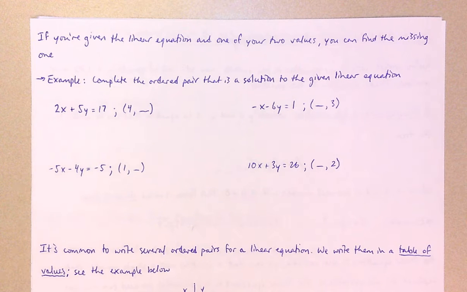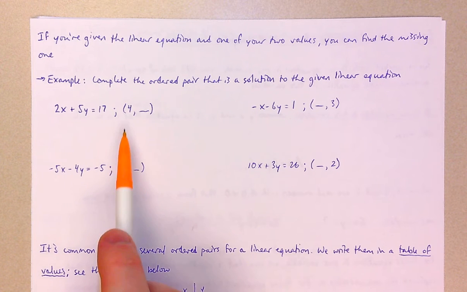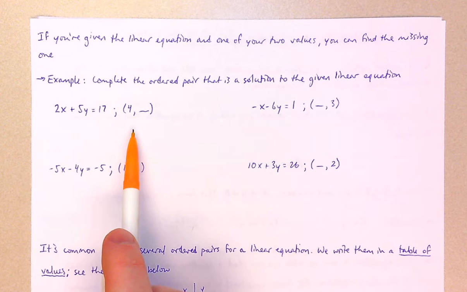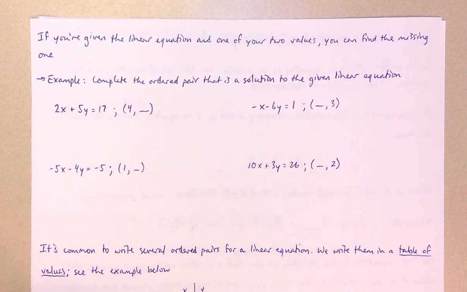So first one, 2x plus 5y is equal to 17. And I know that the x value in my ordered pair, the x value in my solution, is going to be 4.